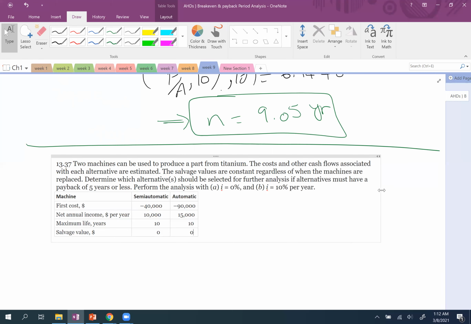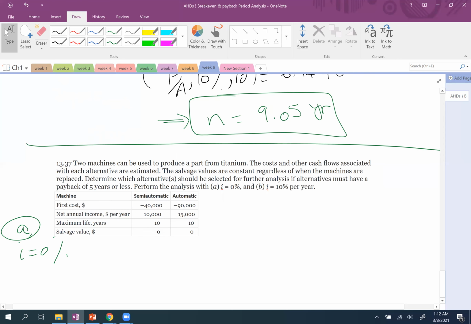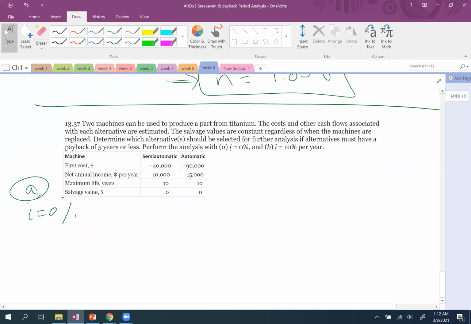Okay, when i is equal to 0%, I'm talking about part A. When i is equal to 0%, we want to determine the payback period for each scenario. So let's just call them alternative S, semi-automatic, and A, alternative automatic.